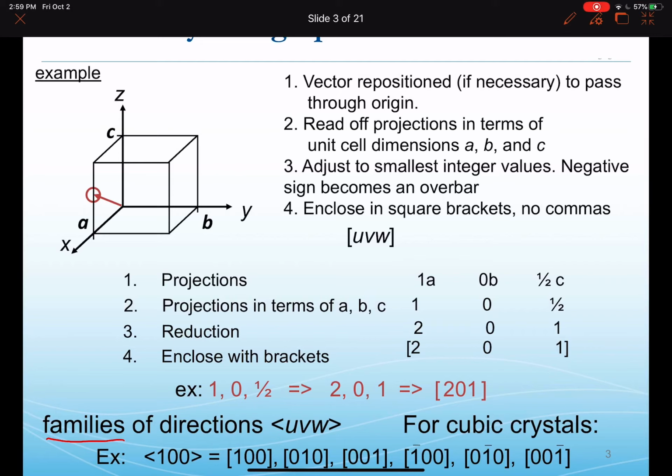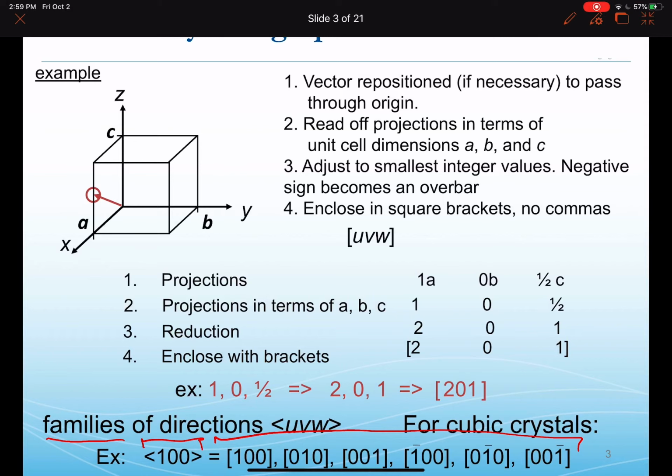So in other words, the family of 1, 0, 0 directions listed at right here is all equivalent to this 1, 0, 0.